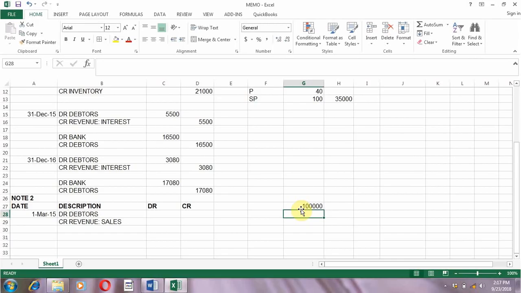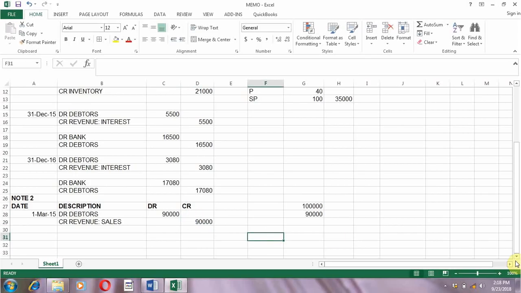There's a discount of 10% because they buy in bulk, so therefore their total debt after 10% discount will be 90% of the original debt. So I'm going to times that by 90, and that gives you 90,000. So the sale there is 90,000.